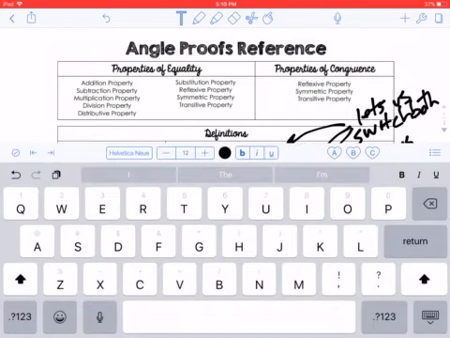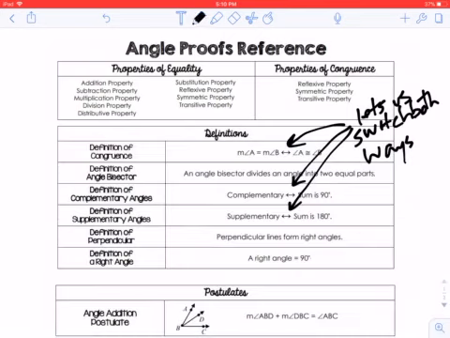When we're looking for right angles in a picture, we want to look for a box, something like that. And if we see a right angle, then the definition of a right angle means that it is 90 degrees. So we're just going through these. Most of these we should know what they mean. We don't have to fill much in. We just have to make sure that we understand all of these.